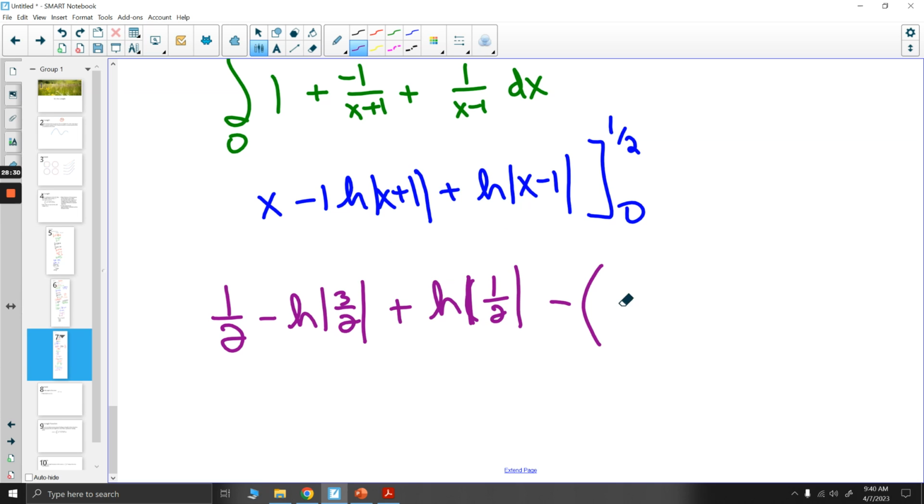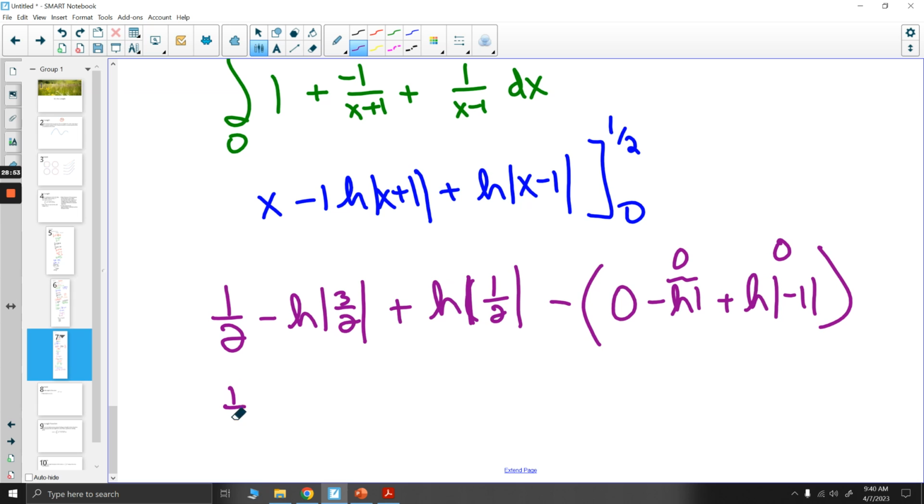Minus 0, minus natural log of 1, which is 0, by the way, plus natural log of absolute value negative 1. Now obviously we need the absolute value here, but negative 1 absolute value is 1, so that would also be a 0. So we just have a 0 here.